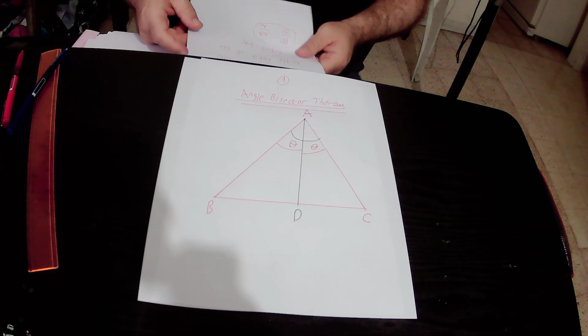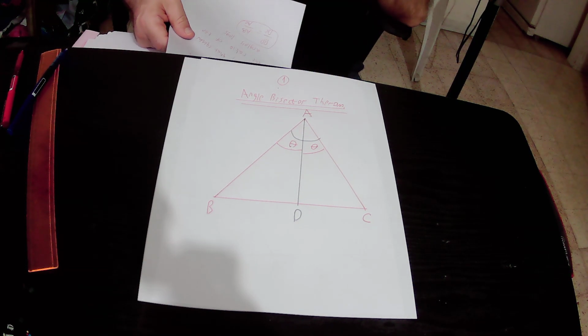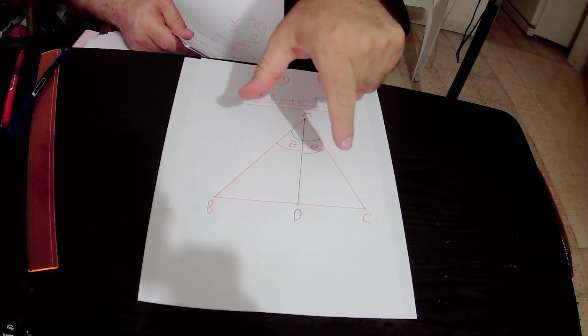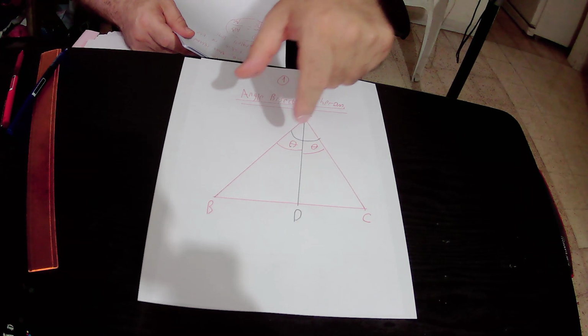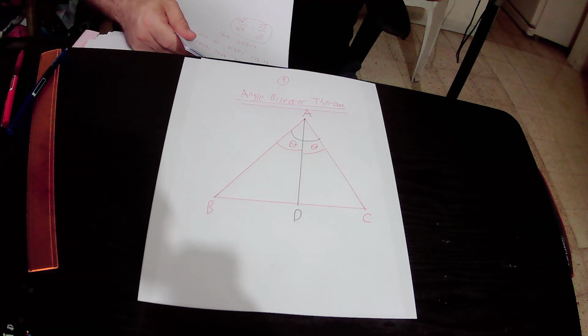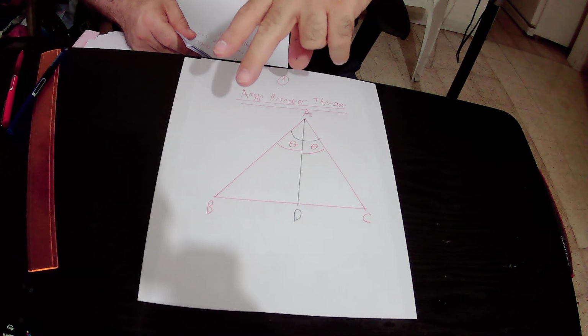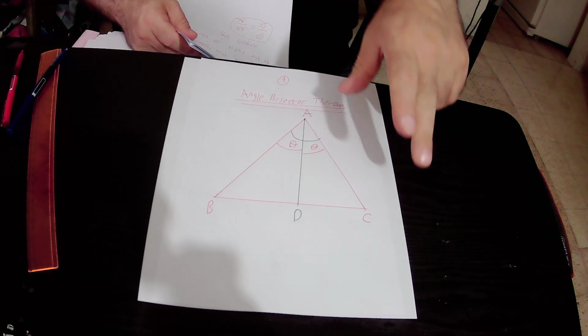actually creates the following relationship between the angle's legs and the side. So it divides side BC in a ratio, that is to say BD over DC, that equals the ratio of the angle's legs, and the angle's legs are AB and AC.